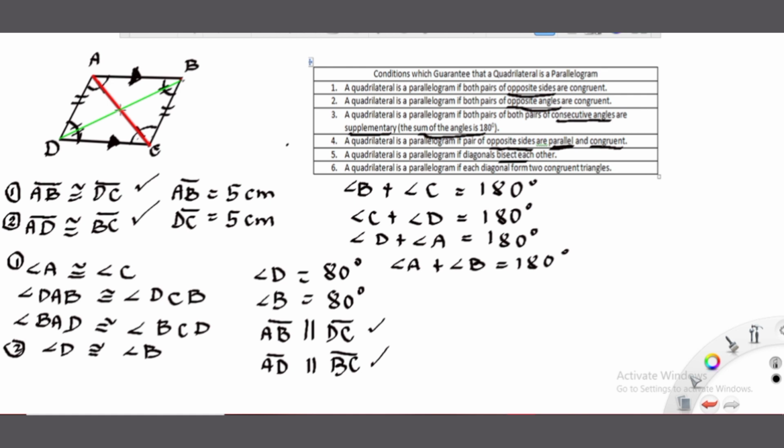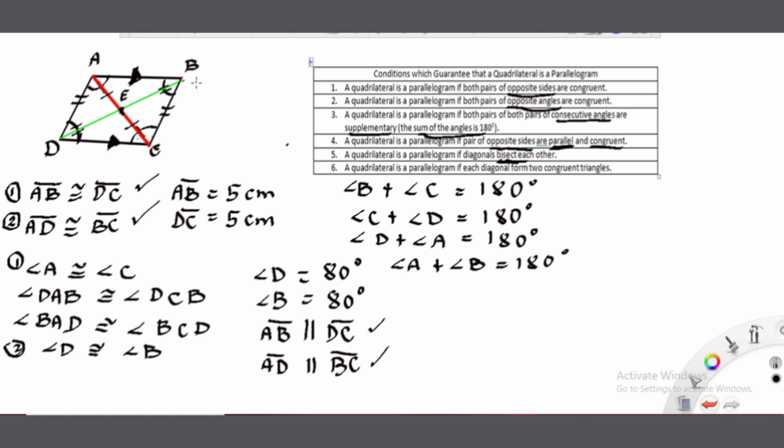So let's say this is the point of intersection. Let's name this point of intersection as point E. Alright? So since they bisect each other, hinati nilang isa't isa into two equal parts, it means to say na itong AE, yung kalahati ng AC, AE is congruent to EC.